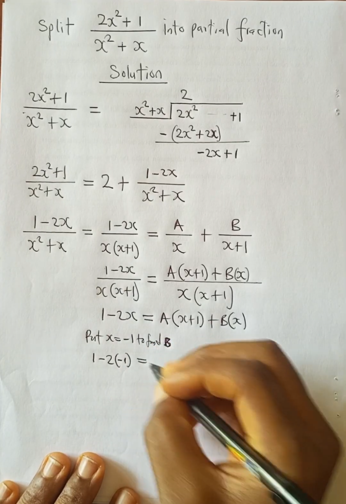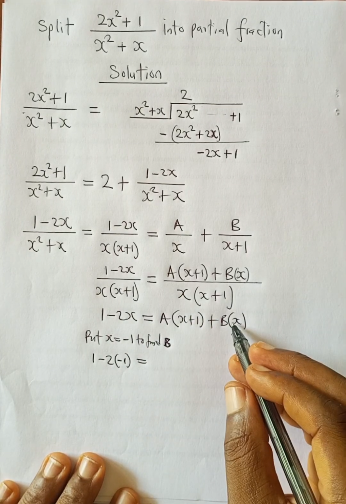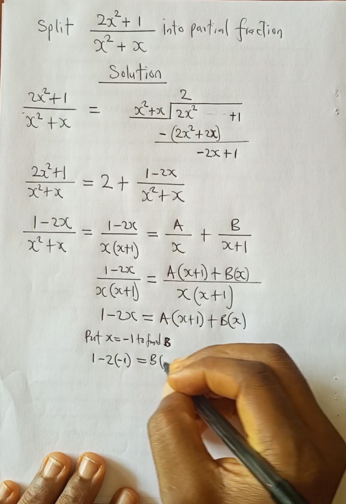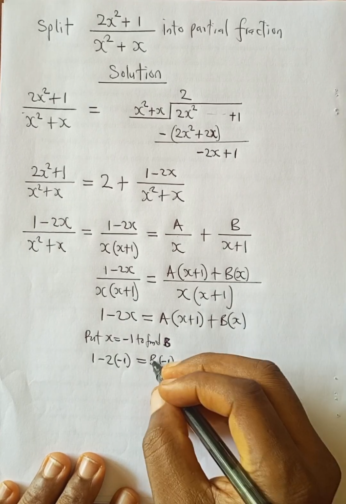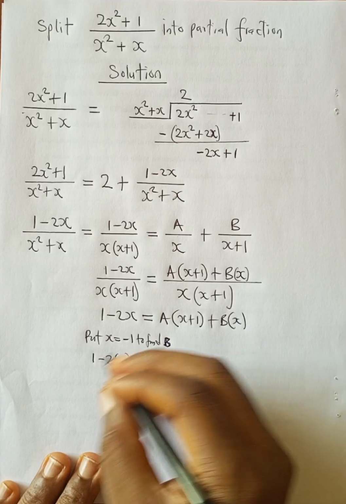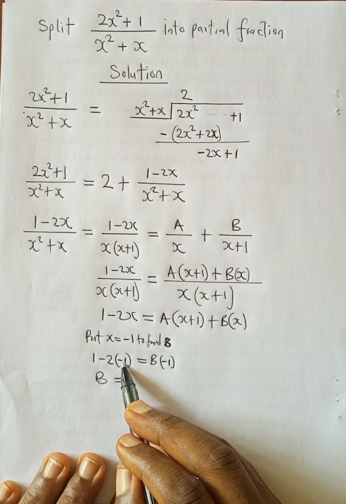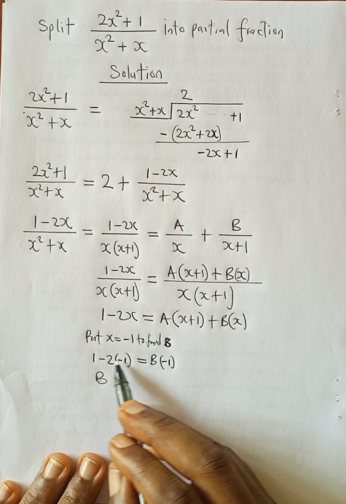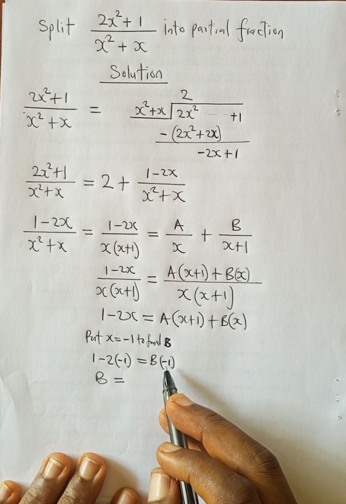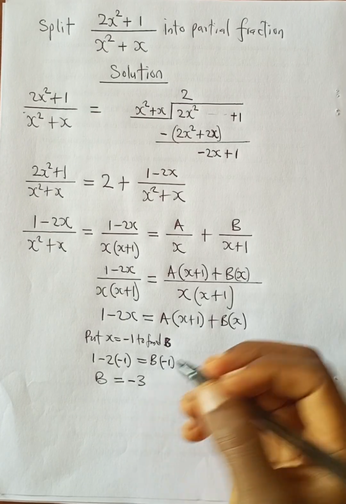Anywhere you see s, you put minus 1. If you put minus 1 here, a is 0, so a is out. Put minus 1 here, I have b times minus 1, and b times minus 1 is minus b. Minus b comes to the left-hand side, it becomes plus b is equal to 1 plus 2, that is 3. 3 comes to this side, will give you what? Minus 3. So this is the value of b.